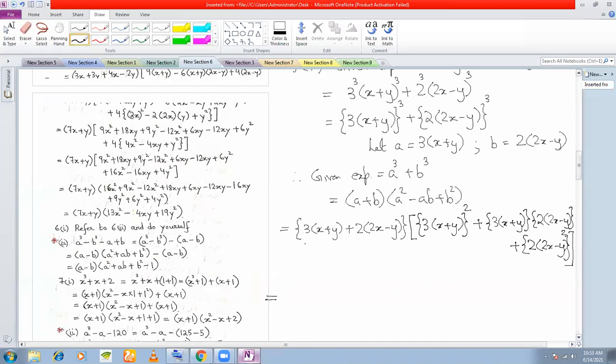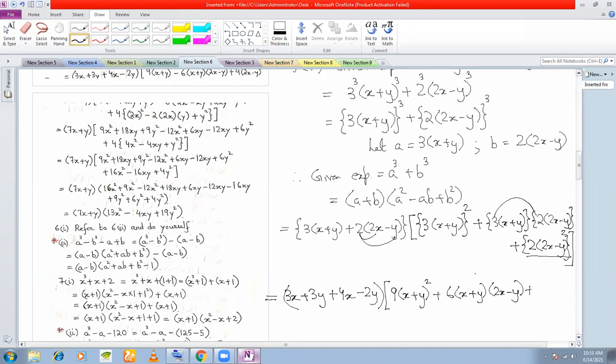So here you have 3x plus 3y. And you multiply these two, so you get plus 4x. And then this minus 2y. And for this part, you have 9 times x plus y whole square. Plus, you multiply 3 and 2 together, you get 6 into x plus y into 2x minus y.